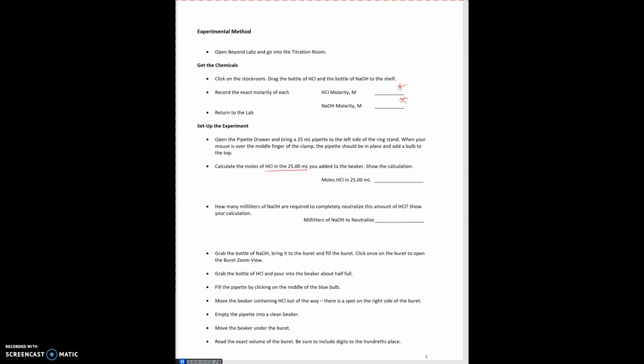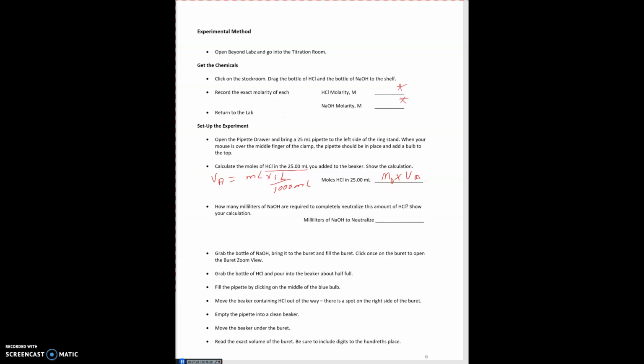So how many moles are in that pipette? Molarity times volume of the acid. Now, one thing you have to remember, the volume is going to equal the milliliters times 1 liter over 1,000 milliliters. You have to convert milliliters to liters.